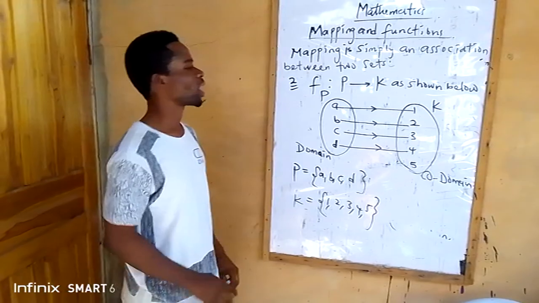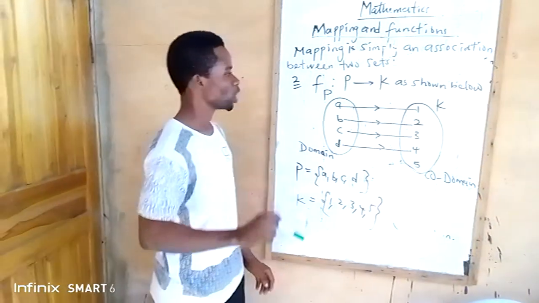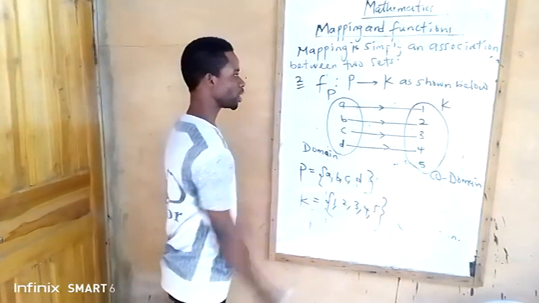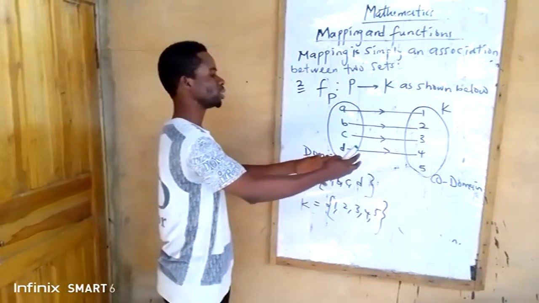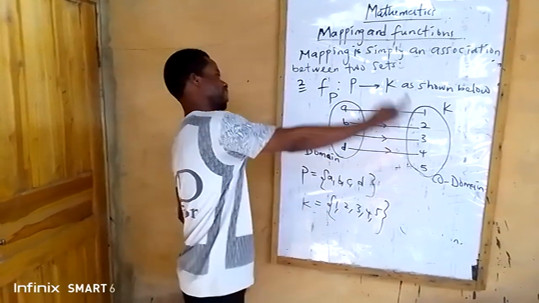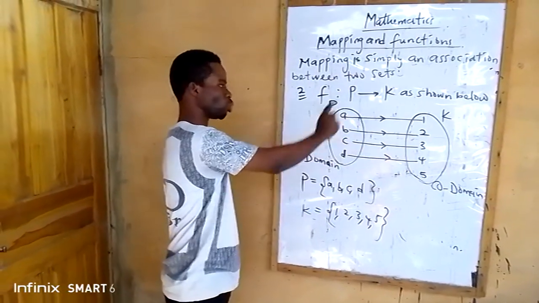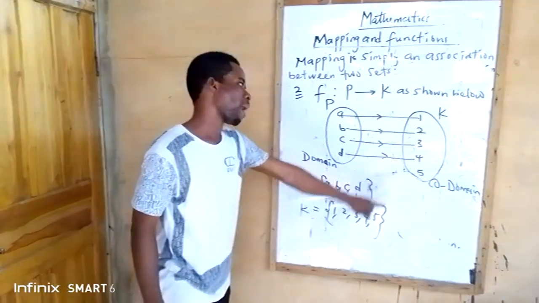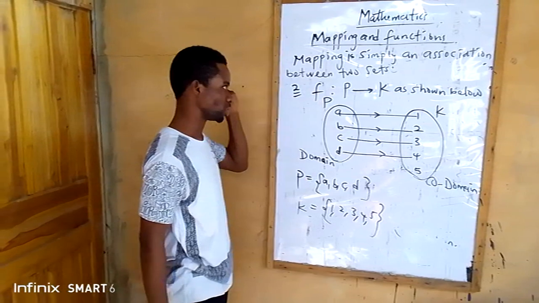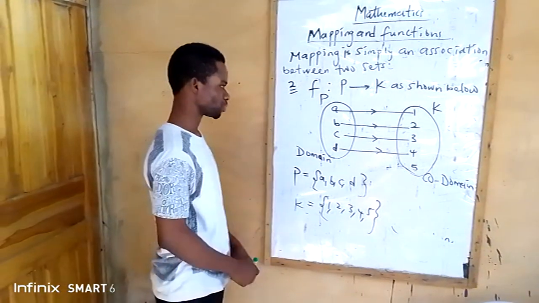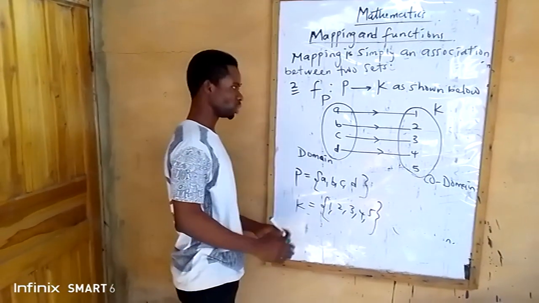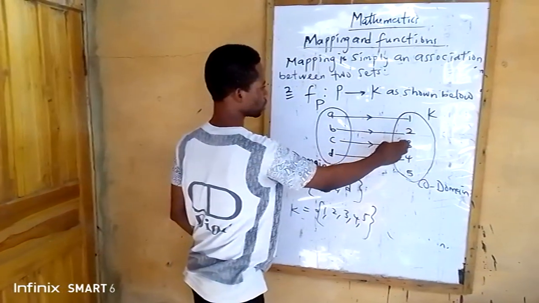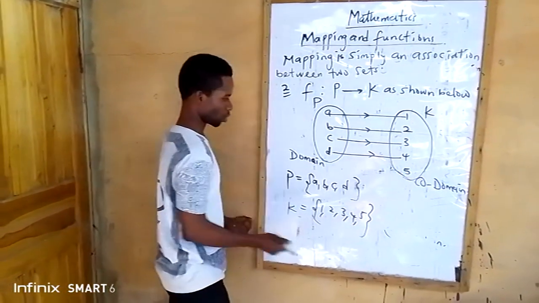Another thing you have to notice is that if you look at the codomain, not all the elements in the codomain are paired with elements in the domain. Actually, the elements 1, 2, 3, 4, 5 are the codomain.